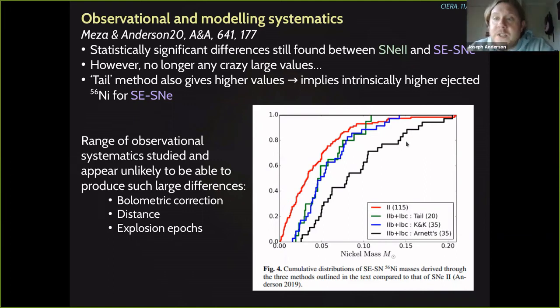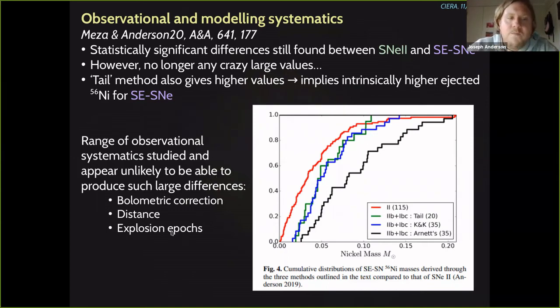Or the other option is, when we derive a well-observed sample, we basically limit ourselves to very local events, where you have a better chance of observing them well. In that case, rarer events, maybe these rare things that have lots of nickel, are more distant because they're rarer, and therefore we just don't have them in the sample. So either one of those is possible.